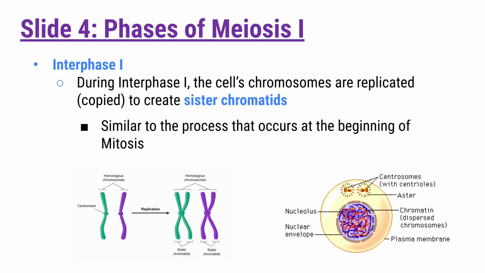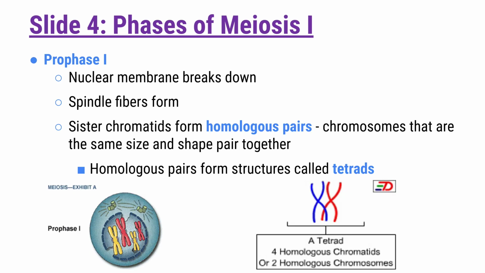So we're going to go over the phases of meiosis 1. So the first half, interphase 1. So during interphase 1, the cell's chromosomes are replicated, or they're copied, to create sister chromatids. And that's similar to the process that occurs at the beginning of mitosis. Next up, we've got prophase 1, so that's when the nuclear membrane breaks down.